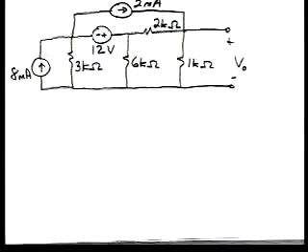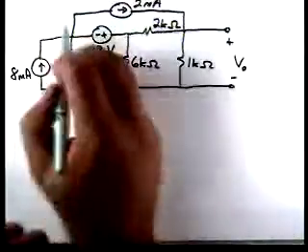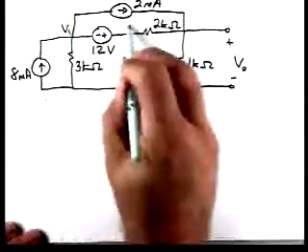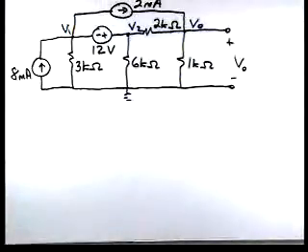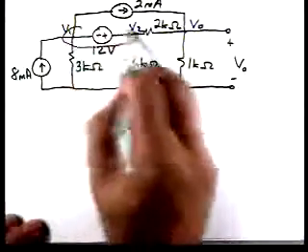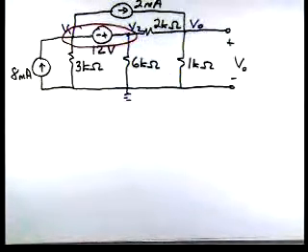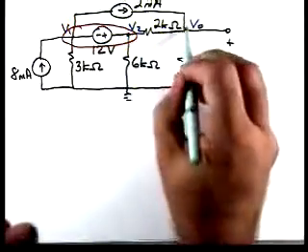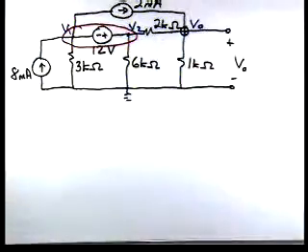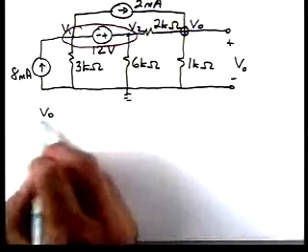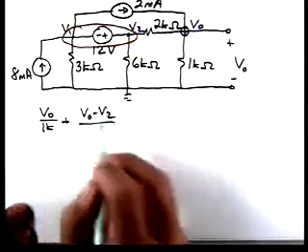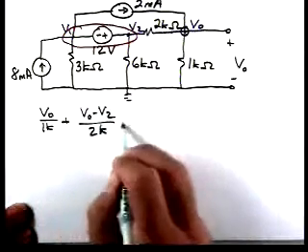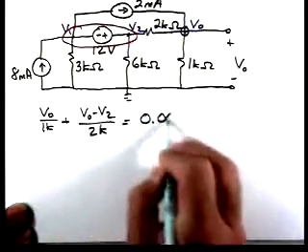Okay, so again, our circuit, let's put the node voltages on here. Reference node. Here's our supernode. Okay, so now let's apply KCL at this node. So we'll have V0 over 1K plus V0 minus V2 over 2K, and that's equal to 0.002.